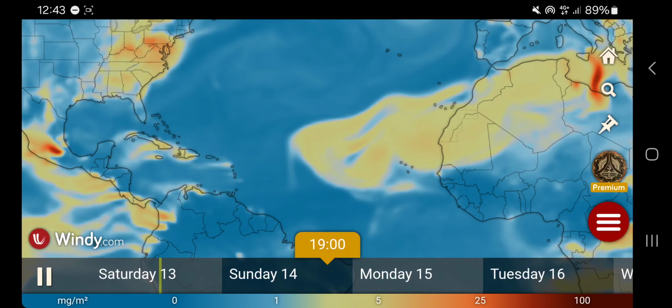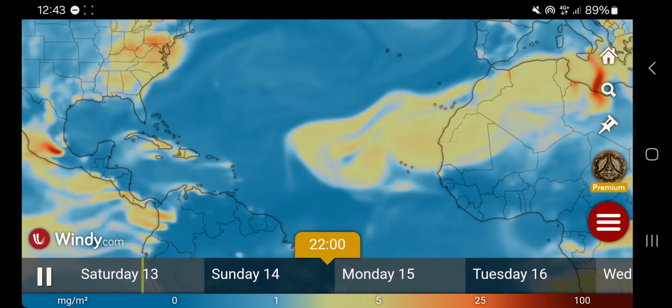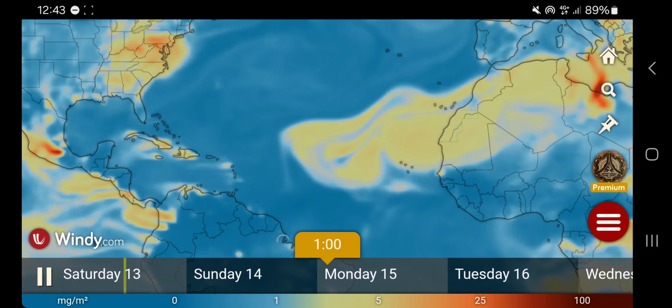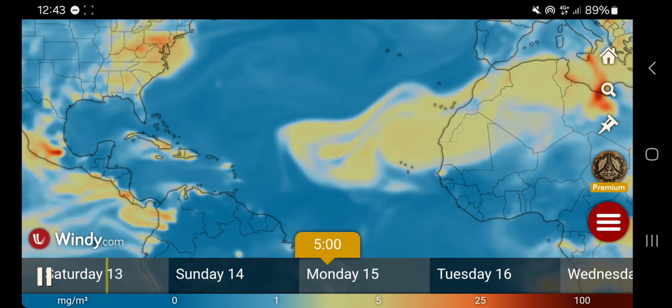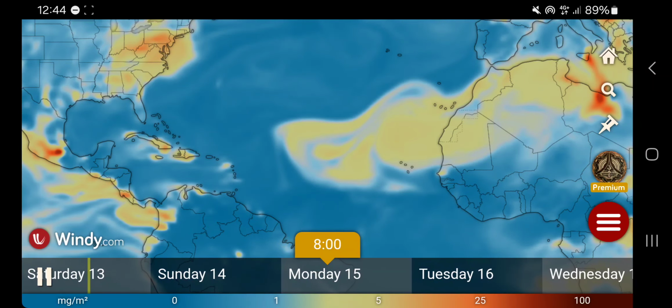Okay? In other words, this could mean very bad weather for many people in not too far future, just because of the sulfur.